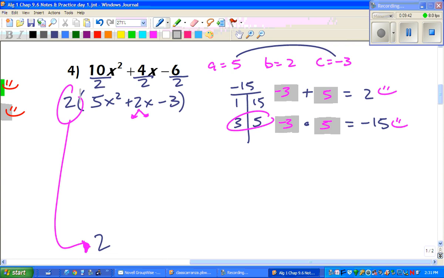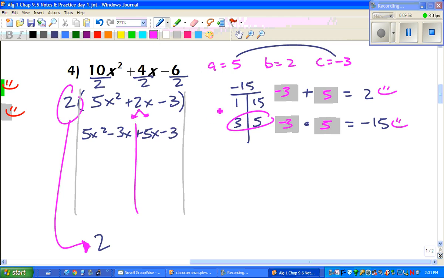So remember, now we're just going to focus on this middle part right here. 5x squared minus 3x plus 5x minus 3. I'm going to take out a GCF of x.